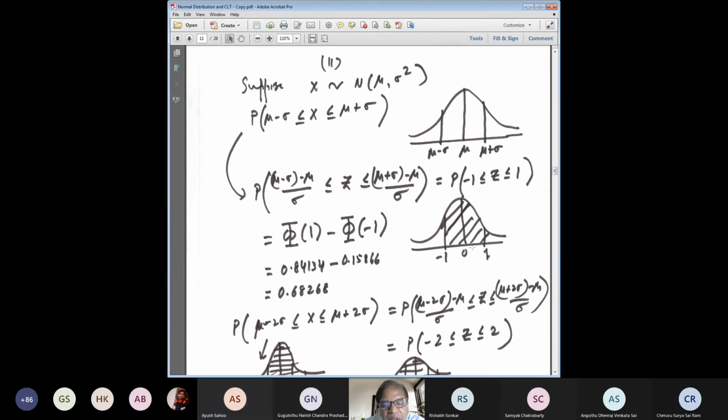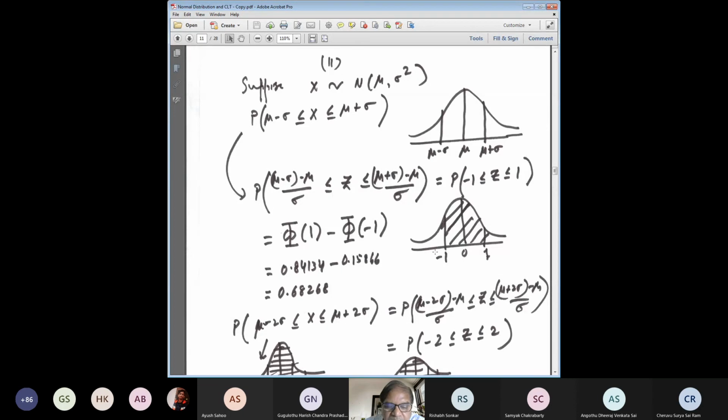No, you don't add. Just look at the area, you need this shaded area. Okay, so phi of 1, what does it represent? It represents the cumulative, so minus infinity to 1, where you have got 0.8413.